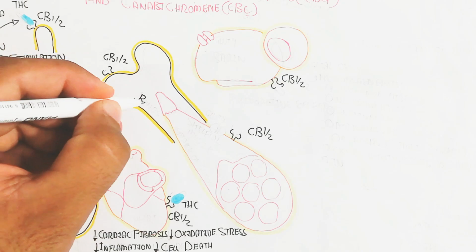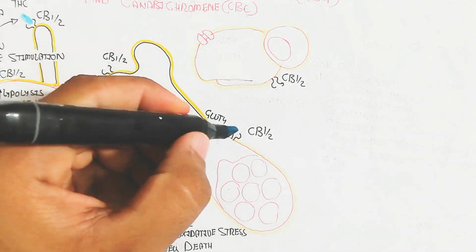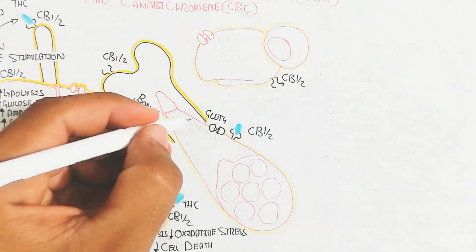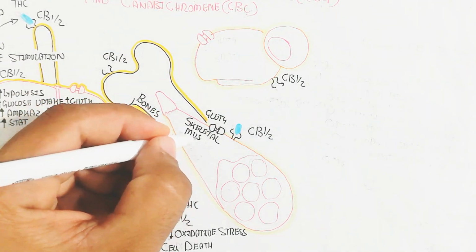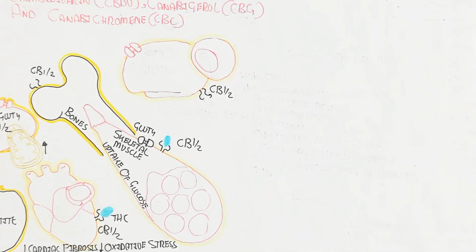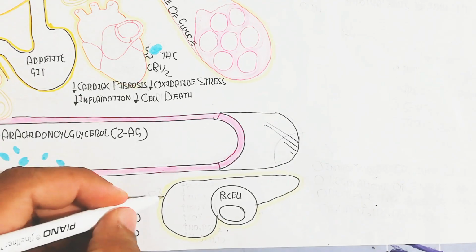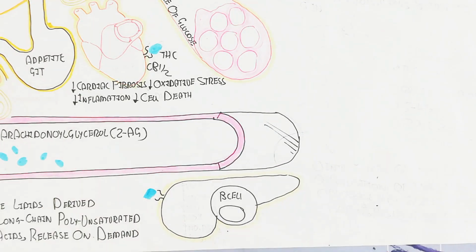In this way, survival of the heart tissue, which is required for normal physiology, is a benefit. Skeletal muscle takes up more glucose through GLUT4 channel stimulation, and glucose uptake leads to glycogenesis. In this way, anabolism occurs.